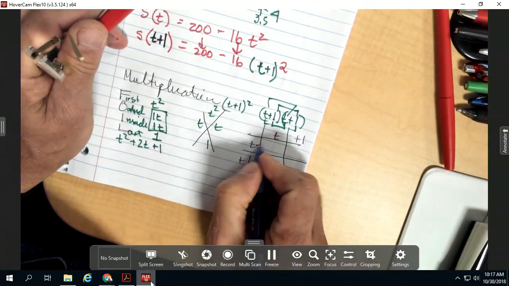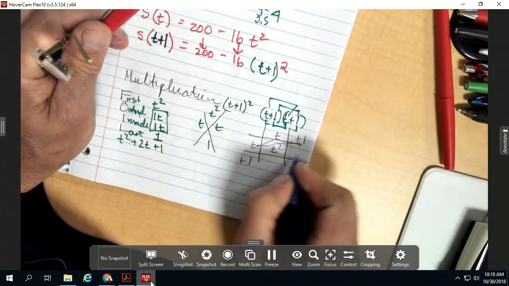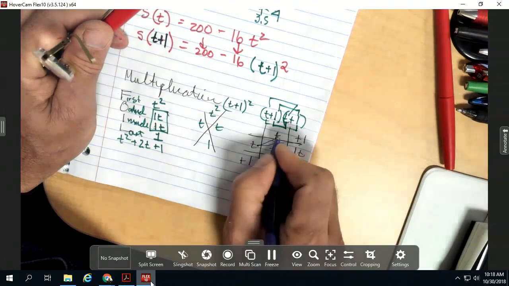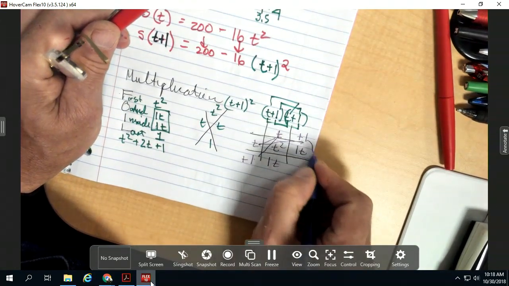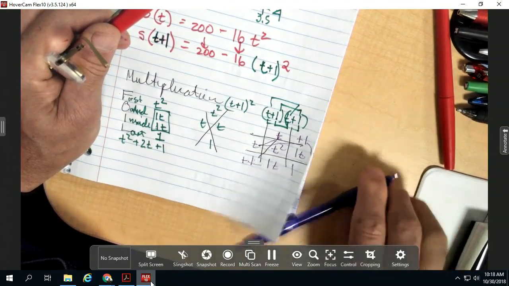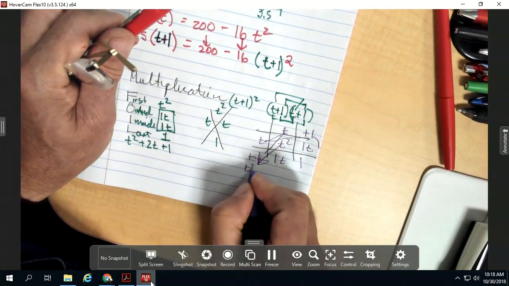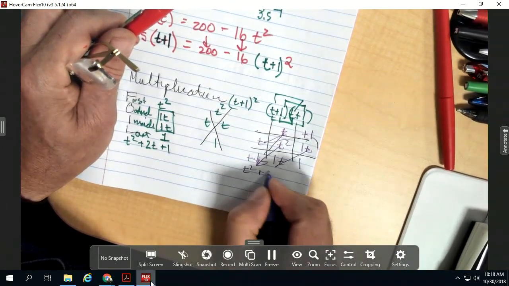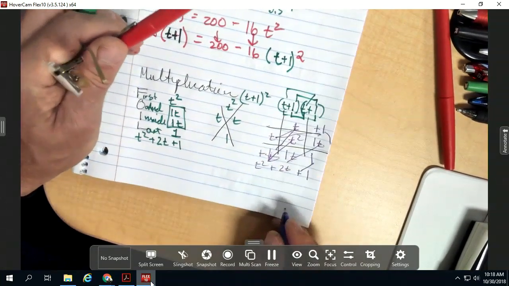T times t is t squared. T times 1 is 1t. T times 1 is 1t, and 1 times 1 is 1. And then when you add them together, you get t squared plus 2t plus 1.